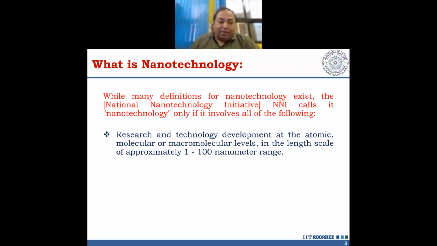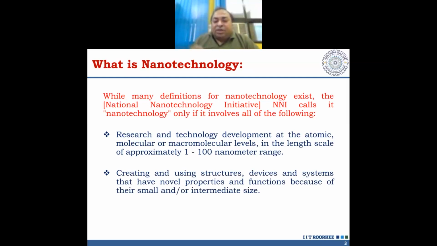Which ones? One, research and technology development at the atomic, molecular, or macromolecular levels in the length scale of approximately 1 to 100 nanometer range. If we do research, if we do technology development, it should be within 1 to 100 nanometer range.